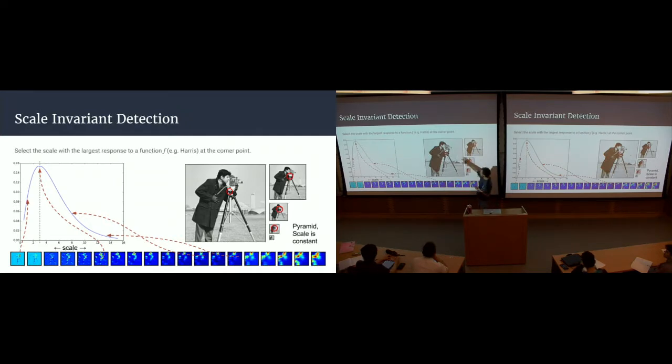But now we have a multi-scale representation of the image, and we can do the same sort of Harris corner detector at each one of those scales, and basically pick all of the points that we find in all of the scales, and these will be the key points that we have. So some will be smaller key points. We attach a scale basically to every key point. Key points can be small, bigger, and bigger, until we have very large key points. But that's how we can do that.